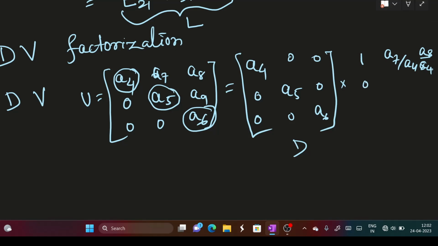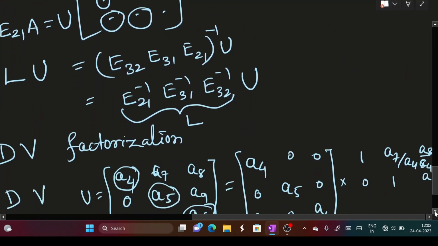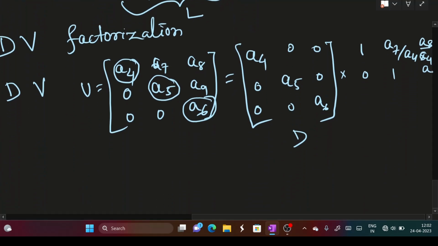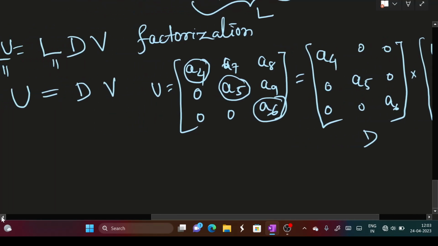Similarly, 0, it is 1, it is A9 by A5. It is 0, 0, 1. So clearly it is an upper triangular matrix. So whose name we will give as V. So I have U is equal to DV and L remains same for both the matrices.